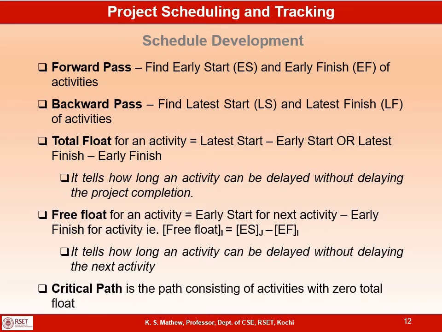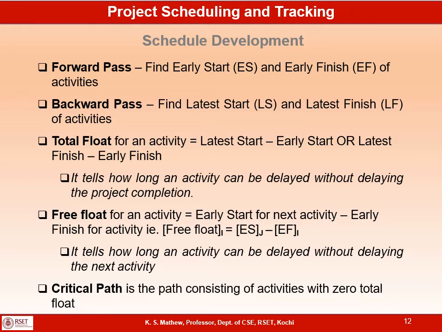In the forward pass, you will start from the start node and traverse through all the activities till you reach the finish node, and during this phase you will calculate 2 values for each activity, which are early start date of an activity and early finish of that activity.